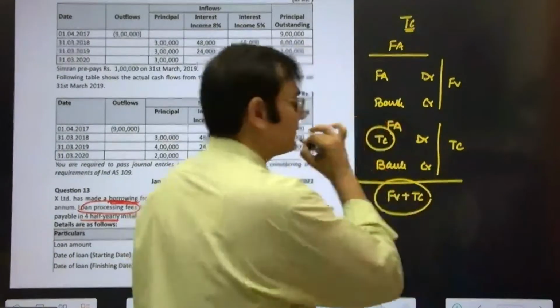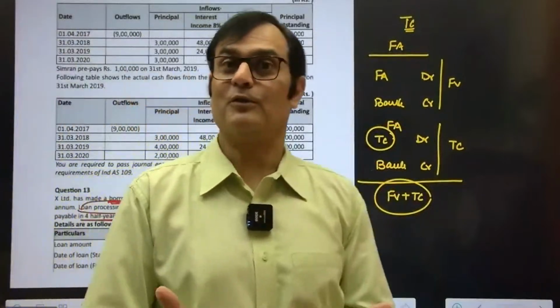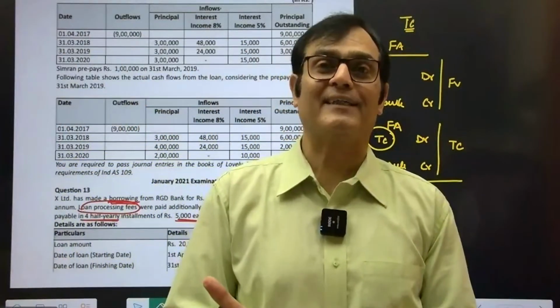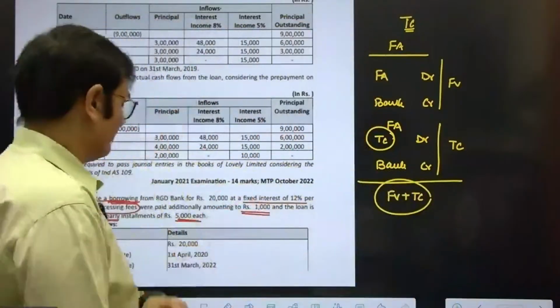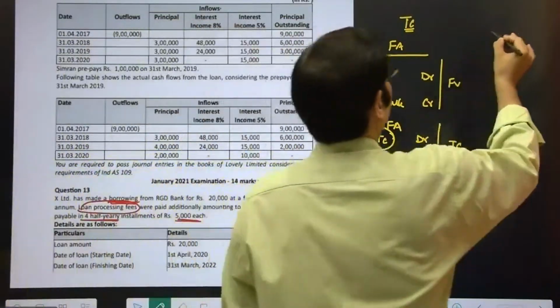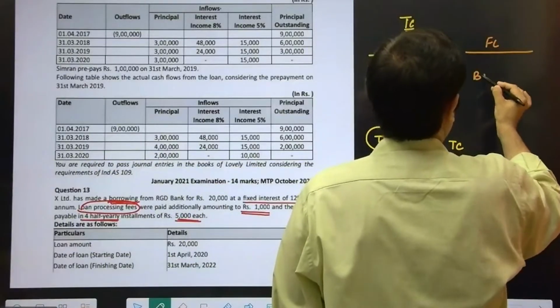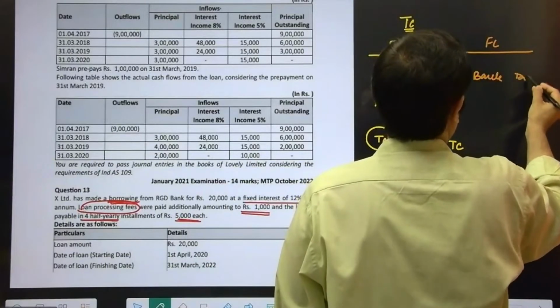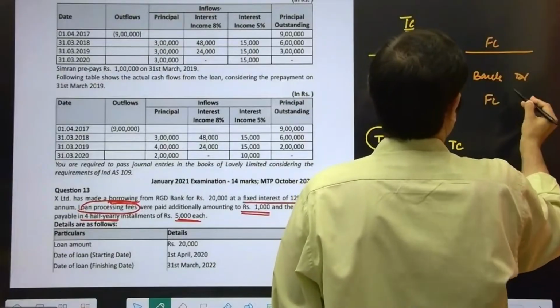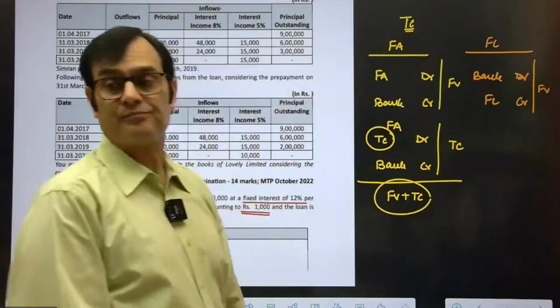Did you get the logic? Yes, sir. Nobody asked me that earlier. I thought you know why it is being added as well. Okay, let's have a look at the financial liability element as well. At the time of raising a financial liability, bank gets a debit and financial liability gets a credit, again at fair value. Yes, sir.